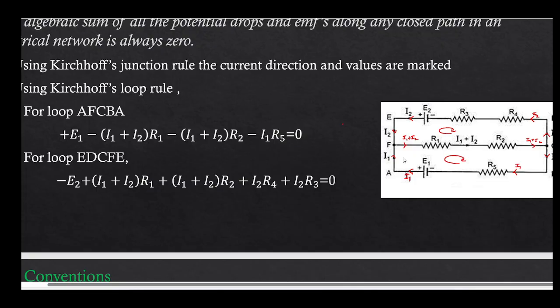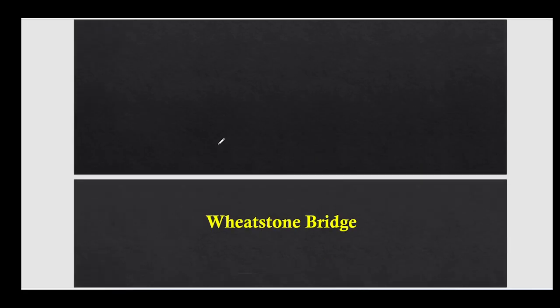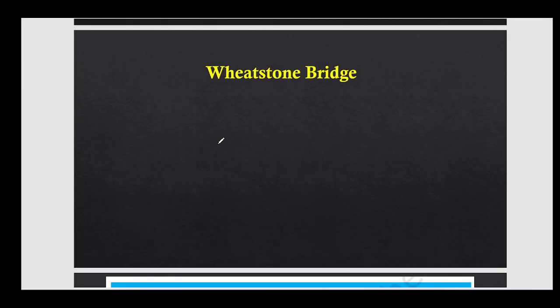Then we have the Wheatstone bridge. In the Wheatstone bridge we have a bridge consisting of 4 resistors. Here we have a galvanometer. Here we have a battery.